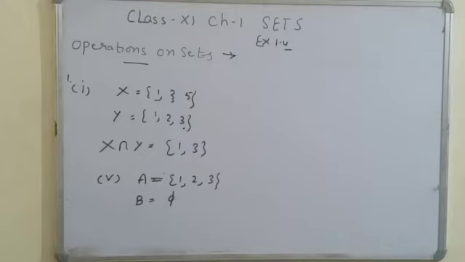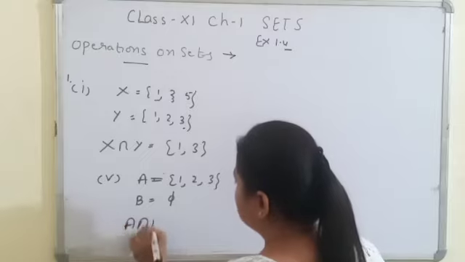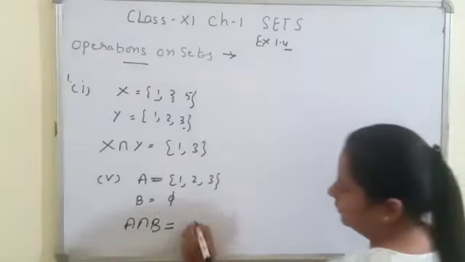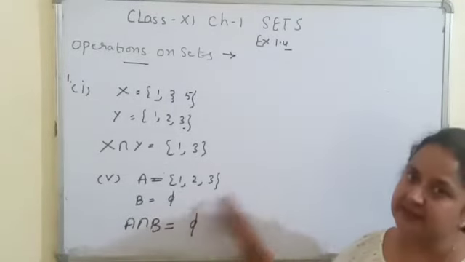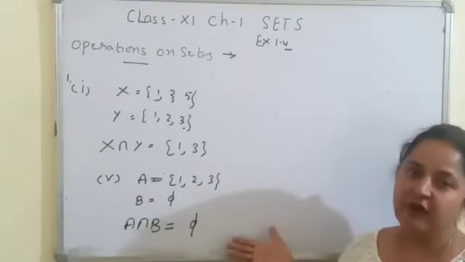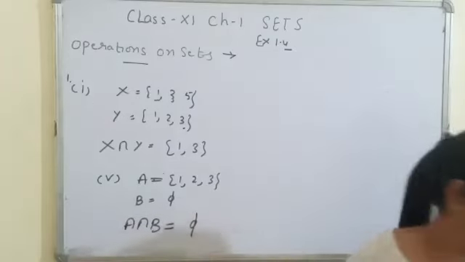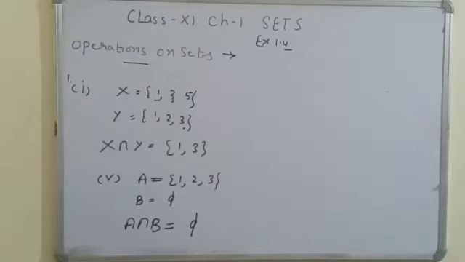So what are the common elements for these two sets? The answer is that there is no common element, so A intersection B is the empty set.